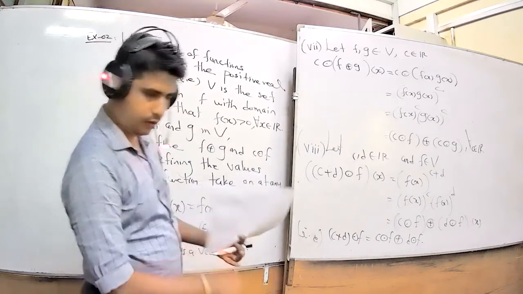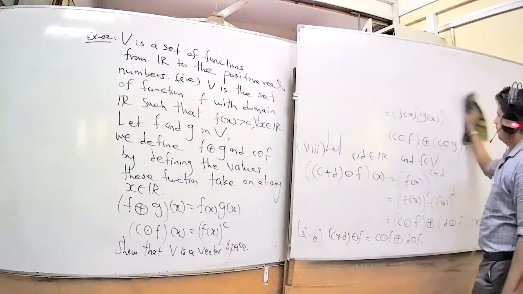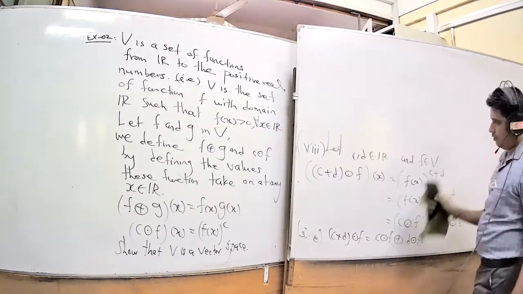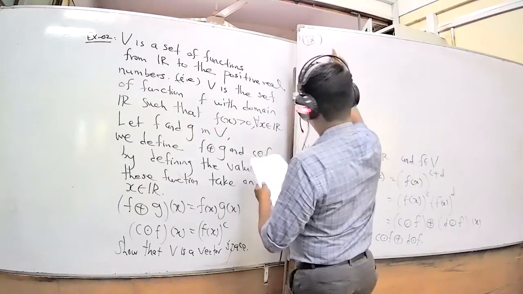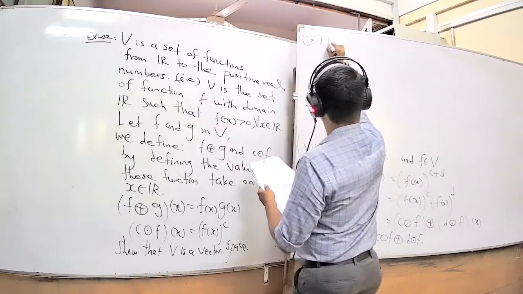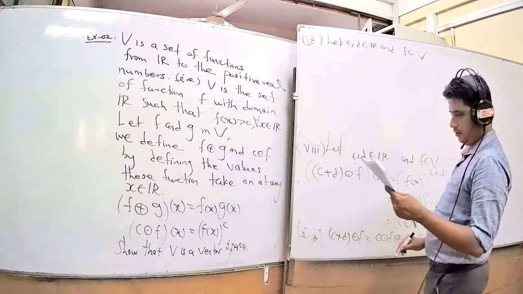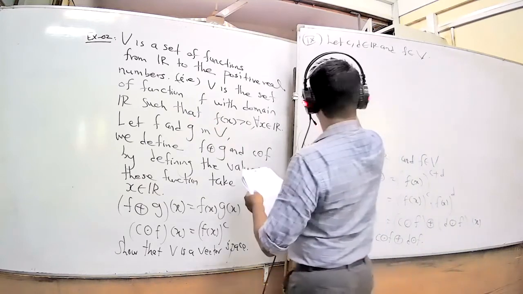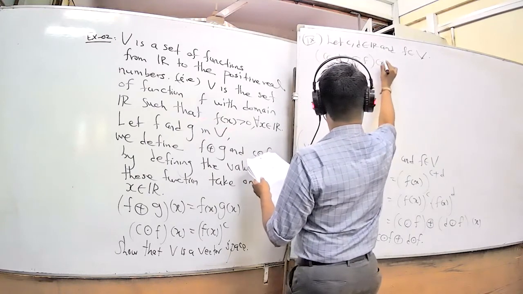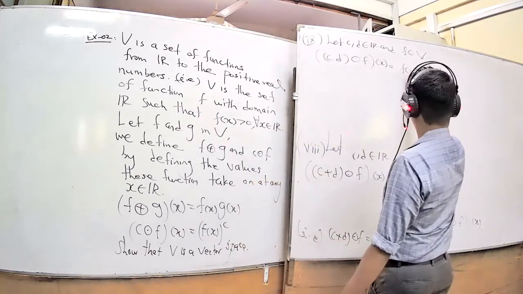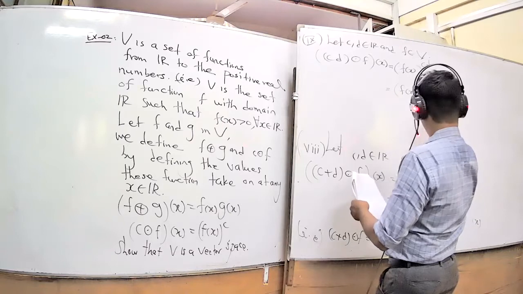And property number 9. Let c, d belong to the real numbers and f belong to V. So c d scalar multiplication of f of x is f of x to the power c d, which is f of x to the power d into c.